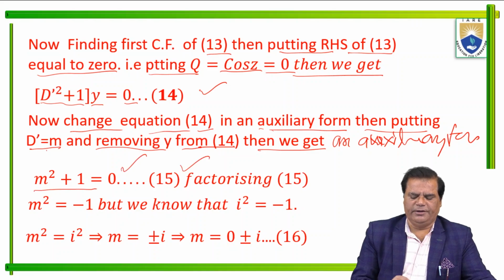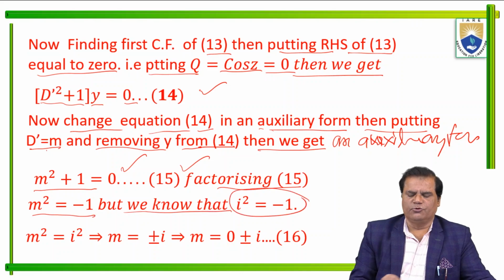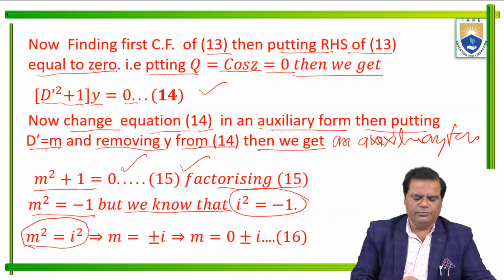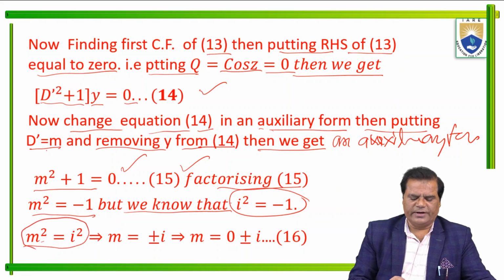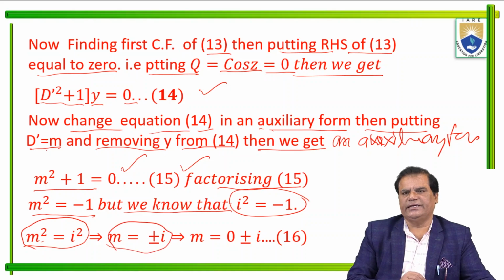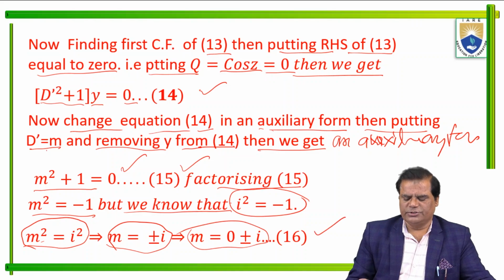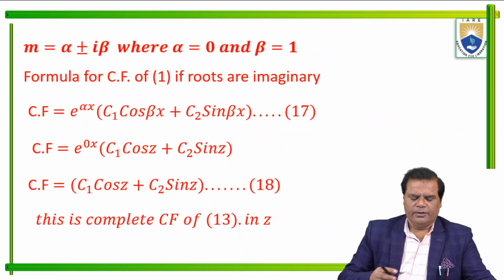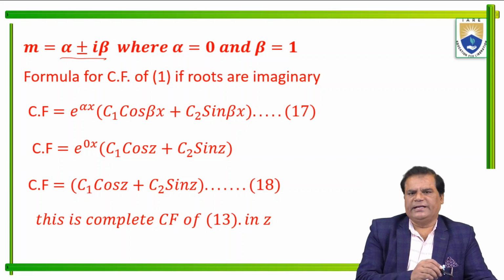This is equation 15. Factorizing, m² equals minus 1. But we know that i² equals minus 1, so m² equals i². So m equals plus or minus i, that is m equals 0 plus or minus i. This is equation 16. m equals alpha plus or minus i beta.